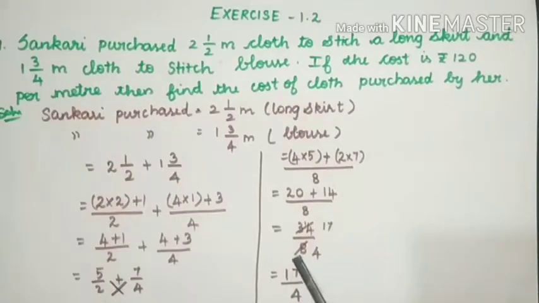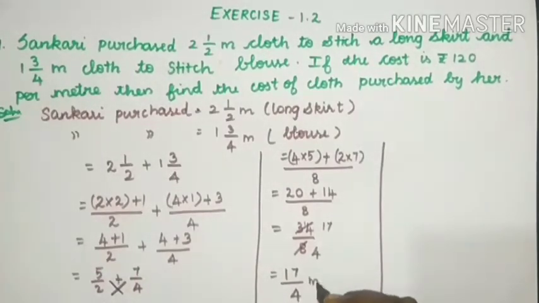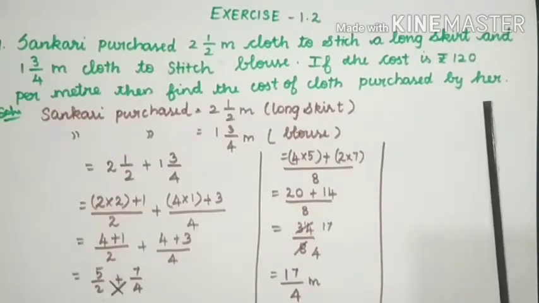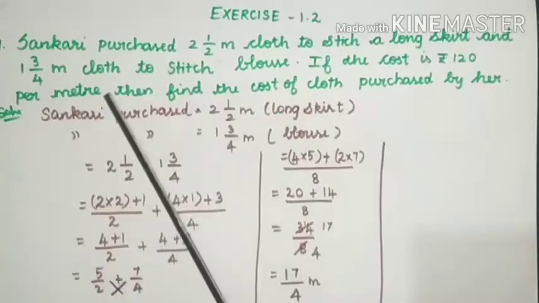After cancellation with the 2 table, you will get the answer as 17 by 4. Now we found 17 by 4 meter is the total length of the cloth. Students, after that you have to find the cost of cloth purchased by her. See, the cost is rupees 120 per meter.